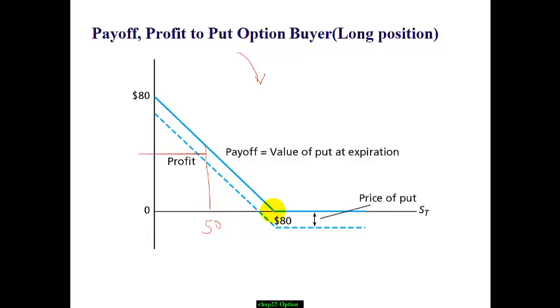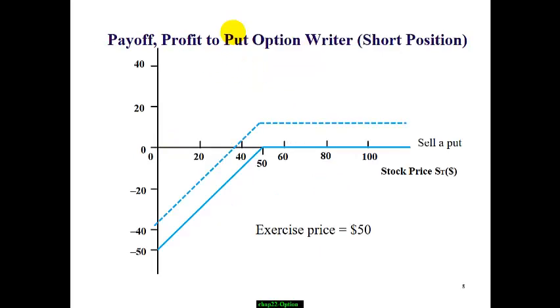You are able to sell the stock at $80 according to the put option contract strike, while the cost of buying the stock is $50 at that moment. So you make a $30 payoff. What is the maximum payoff? As the strike is 80, the maximum payoff will be $80 because the minimum cost of the stock is 0. That is your maximum profit. When the put option is out of the money, you simply walk away and lose the premium you paid for the put option.